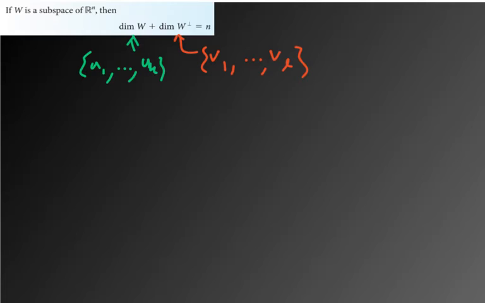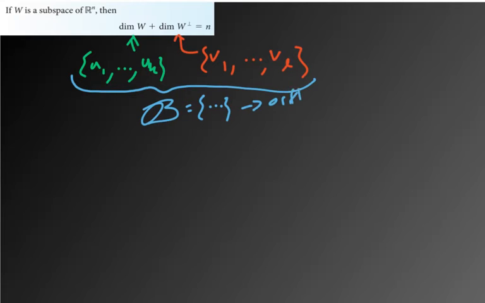And then from there, combine these into another set. Where we ended was that we showed this combined set of vectors was an orthonormal set, and hence linearly independent.